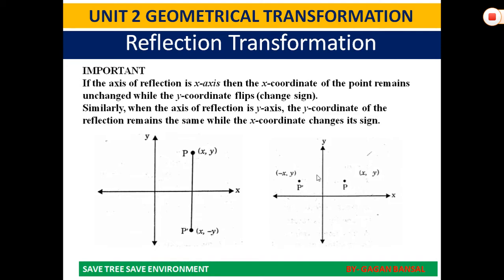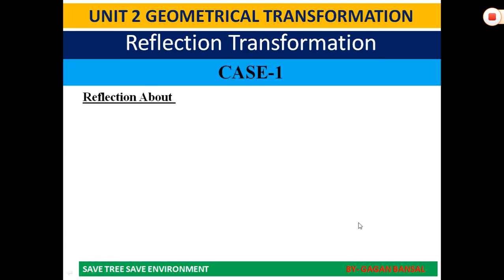So P becomes P dash, and x comma y become minus x comma y. So when the reflection axis is x-axis, the y coordinate flips. When the reflection axis is y-axis, the x coordinate is flipped. Hope it is clear. So let's take a few cases.